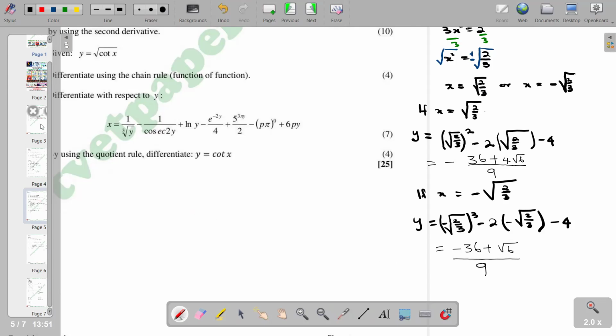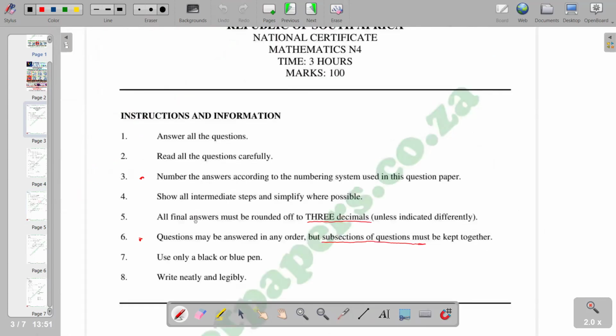But if we go back to the instruction here, it was saying all final answers must be rounded off to 3 decimal places unless indicated. So it means these answers must be to 3 decimal places.